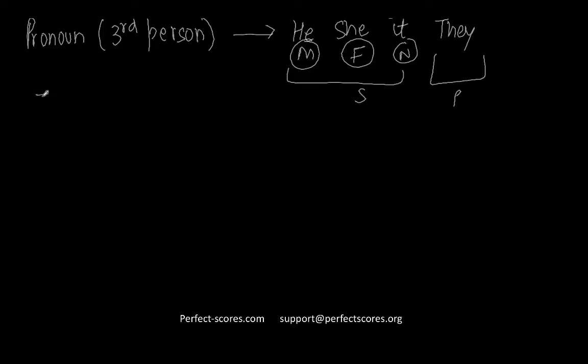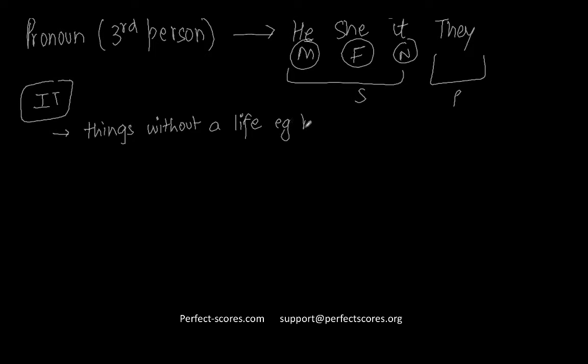So let's talk more about the pronoun it. Now it is used for things without life. For example, if you're writing an essay about a book or a poem, you can use the word it because definitely you can't use he or she.